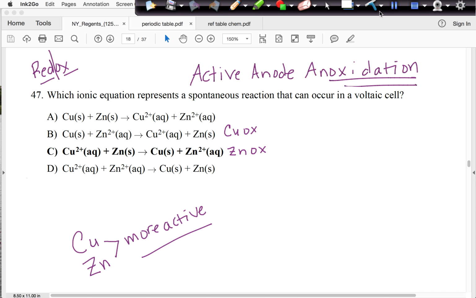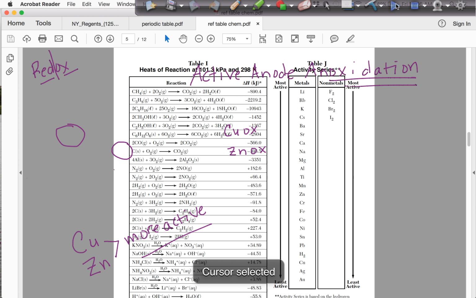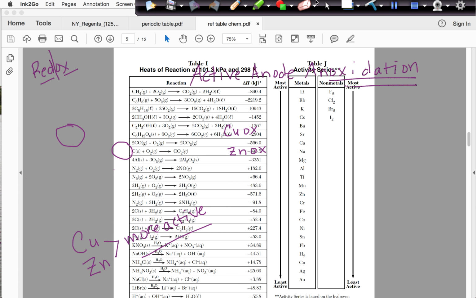And when we look at table J, we want to see, should copper be the one that's oxidized or should zinc be the one that's oxidized? So looking at table J, we said that the more active metal should be the one that's oxidized. Here's zinc, here's copper. Zinc is the more active metal.